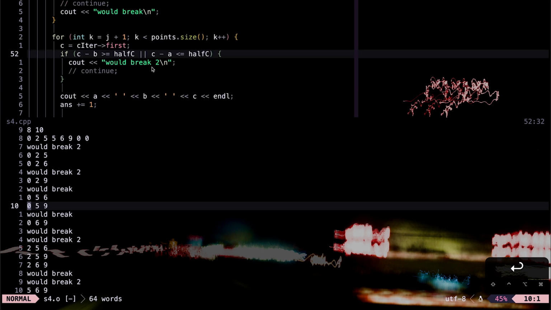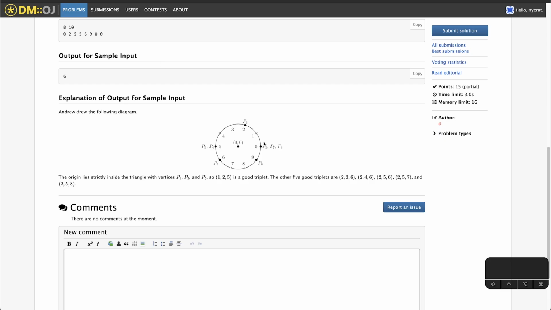It would break here at 0, 2, 5. Oh, it would, because 0 to 5, yeah, this is bad.